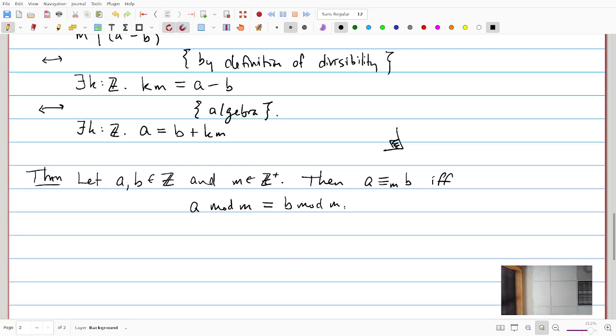This is slightly trickier to prove because we have to use the division algorithm that we talked about, where there exist unique Q and R such that blah, blah, blah, and then we have to argue why the R's have to be the same. Intuitively, hopefully we believe this. I'm not going to do the whole formal proof. If you wish to read it, the PDF of the lecture notes available on the website has the entire proof in there. You're welcome to look at it.